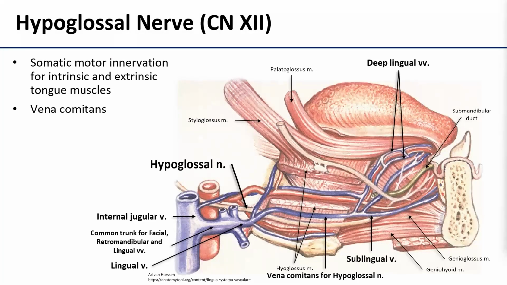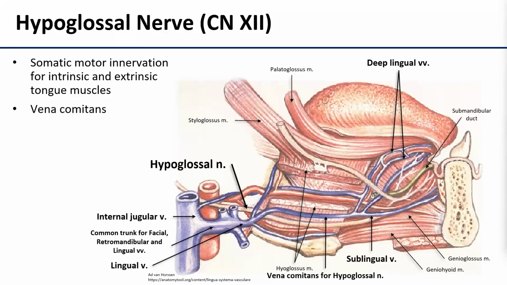That pathway is a good jumping off spot to talk about the neurovasculature that supplies the sublingual space. So in addition to that lingual nerve, we're going to find one other large nerve here, and that's the hypoglossal. Hypo meaning under, glossal meaning tongue. So the hypoglossal nerve is carrying somatic motor innervation to the intrinsic and extrinsic tongue muscles.